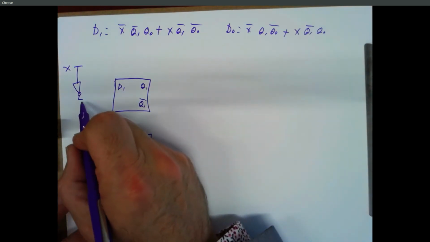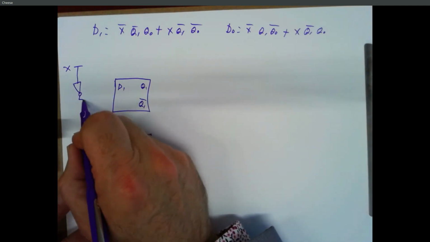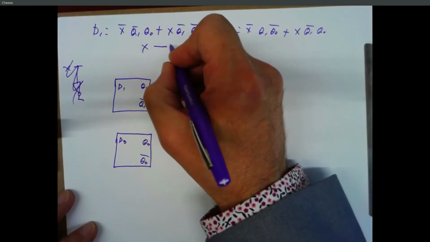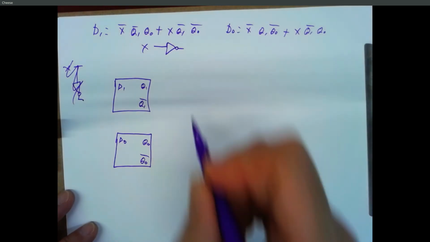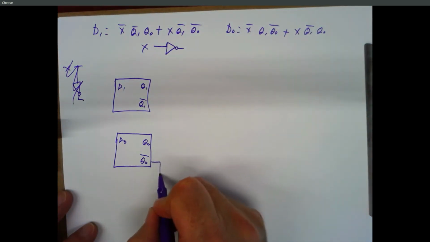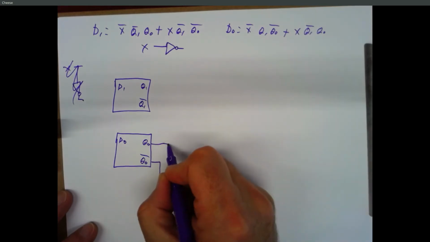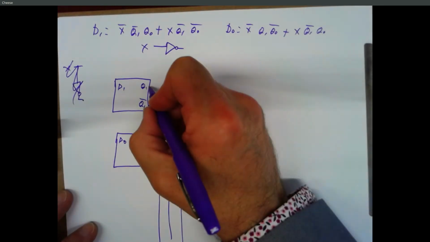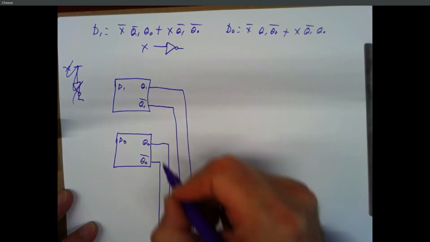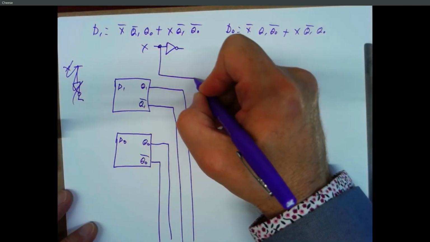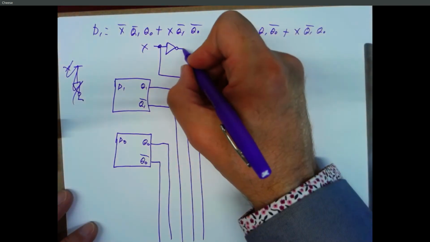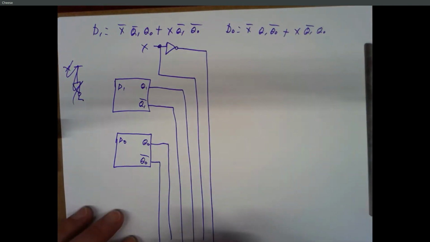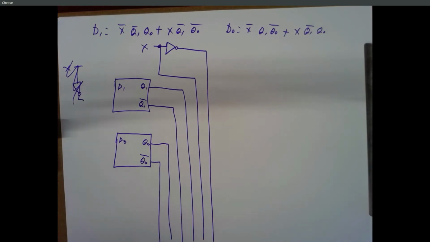I'm going to put X up here and X bar here. So I'm going to do our trick that we did before. I'm just going to take these and run them vertically.